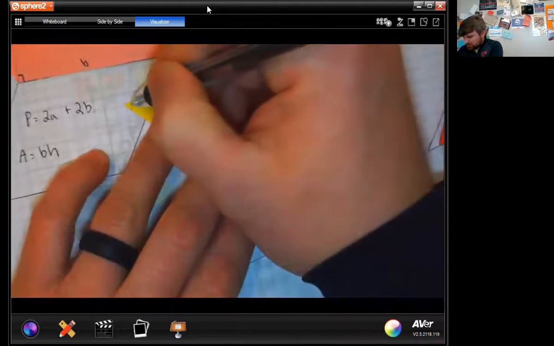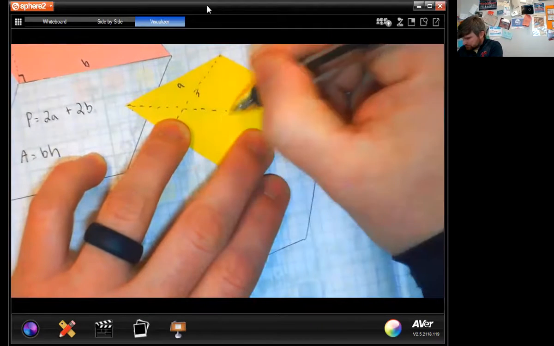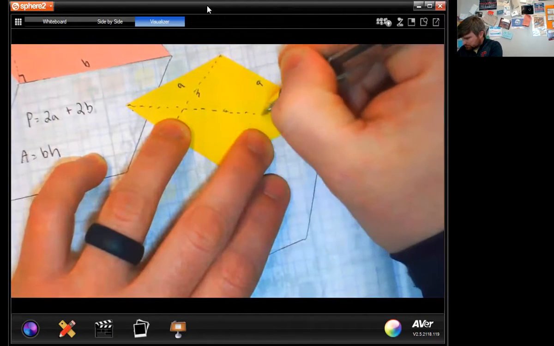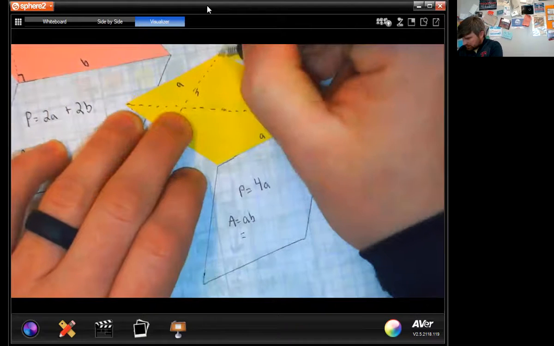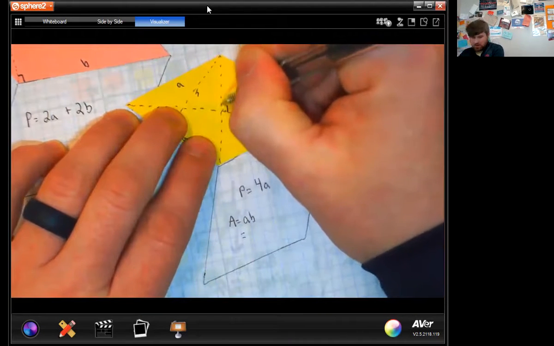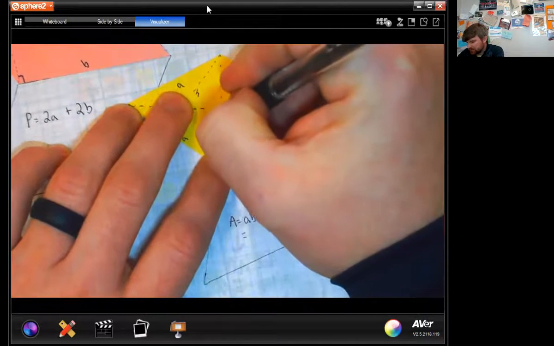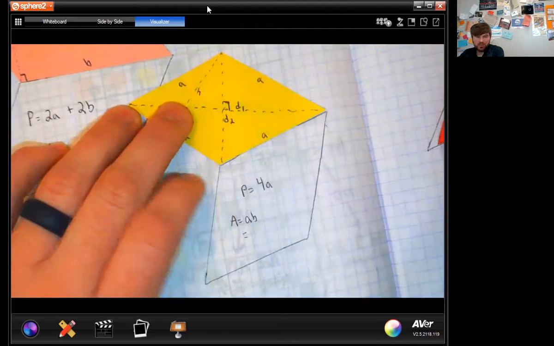A lot of times they give you the diagonals. Okay, and our diagonals are perpendicular. So we might have D1 and D2 diagonals. These are the whole length there.